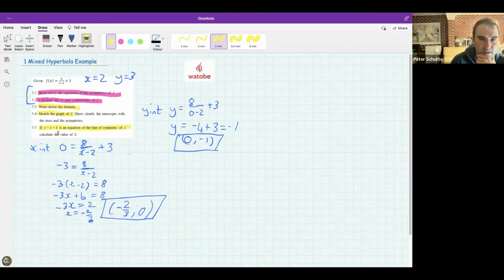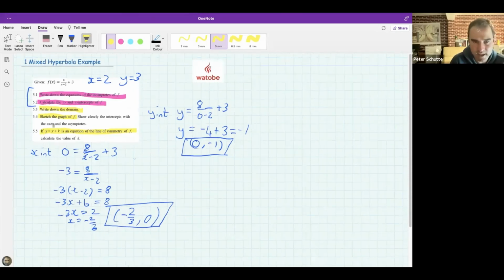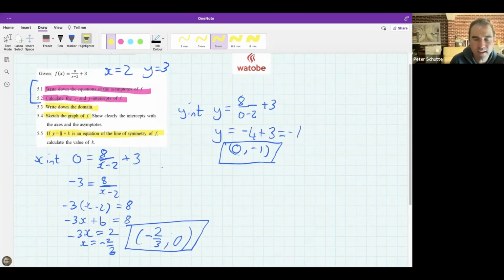It says the equation of the line of symmetry has a positive gradient of 1. They're telling you something. They're saying this because it's y equals x plus k, not y equals minus x plus k. Find the positive line of symmetry and work out the value of k. So over to you guys.